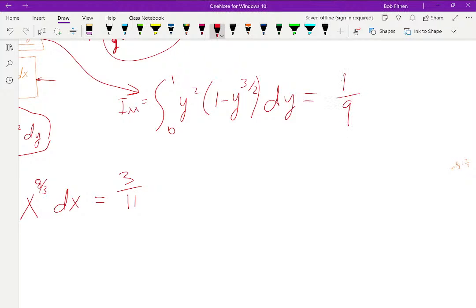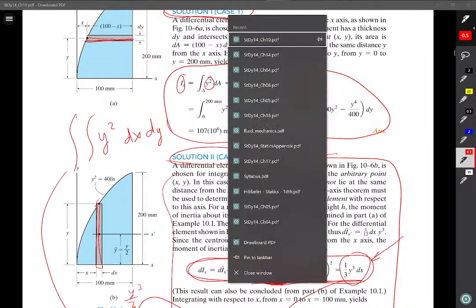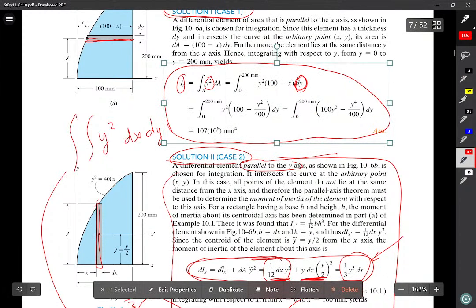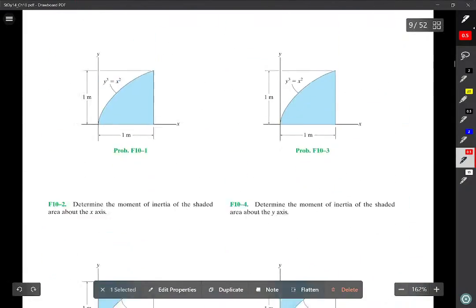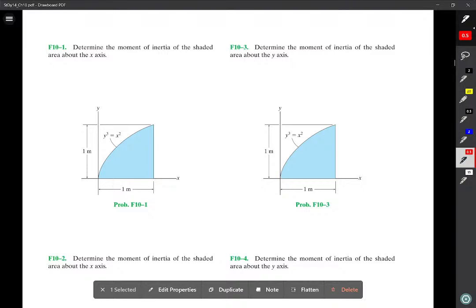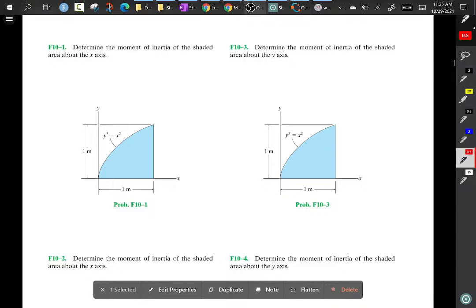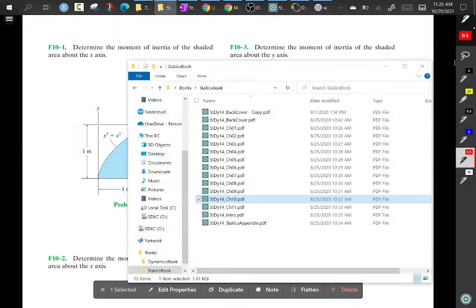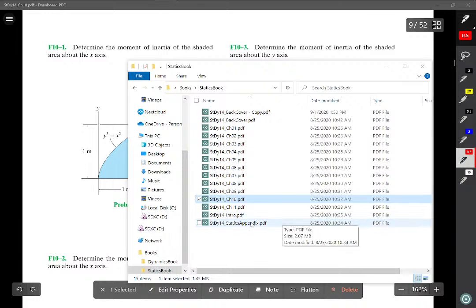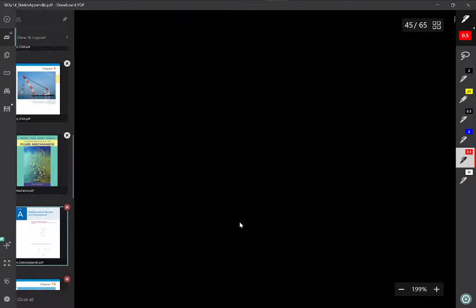Now, somehow, okay, let's look at the problem number. F1 or F3. Now, I don't think, here, let's see. F1 or F3.